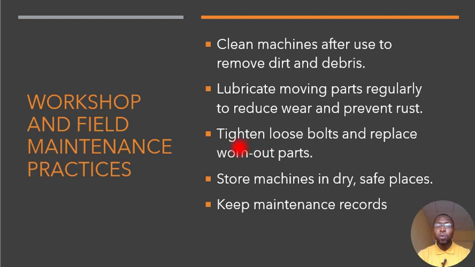And then we also ensure that the bolts are well tightened and replace the worn-out parts. Sometimes the bolts wear out, so you replace them, and the ones that are still good, you ensure they are well tightened if they are loose. Then machines should be stored in dry and safe places.